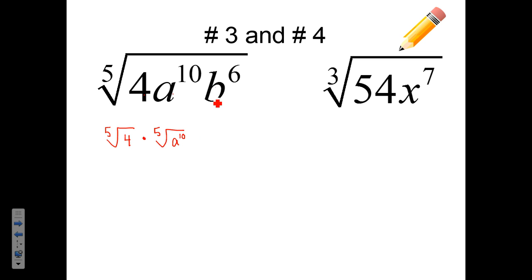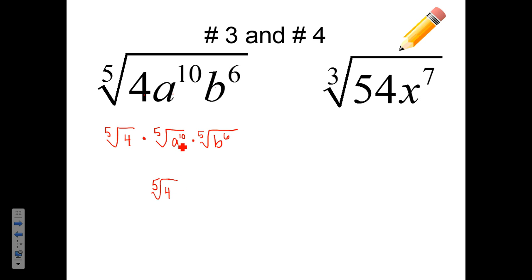Each of these are a radicand, and the product rule of radicals says that I can break up all of these into separate radicands. This says the fifth root of 4. Well, if you look at your fifth root column, the fifth root of 4 is not possible, so it stays the fifth root of 4.